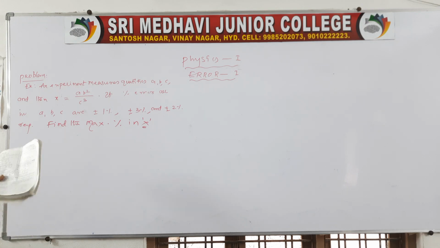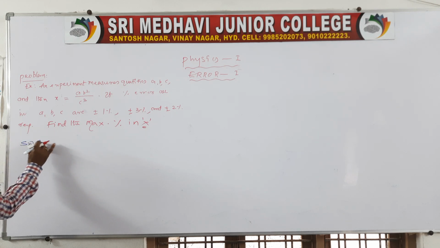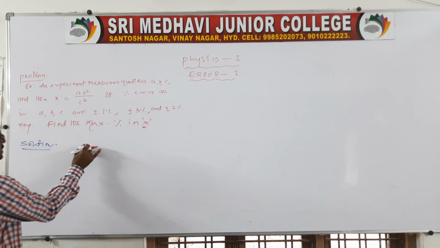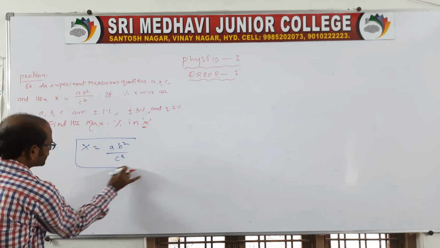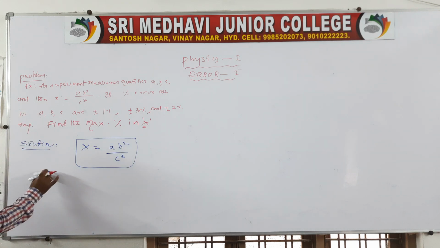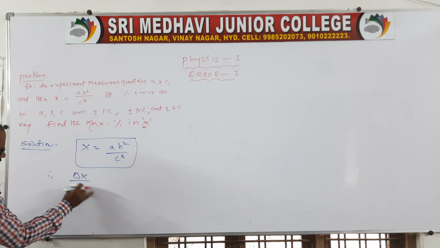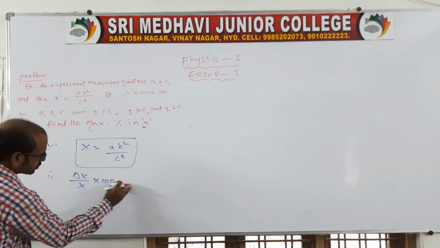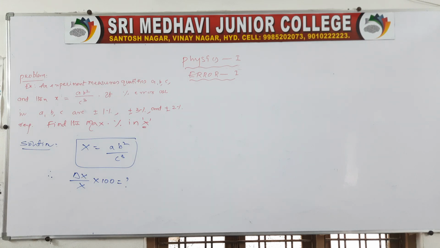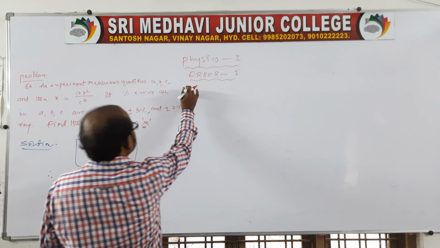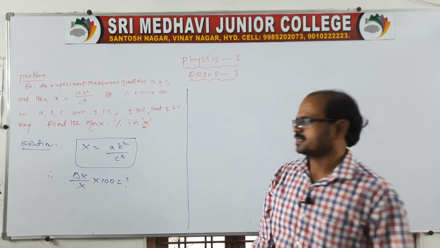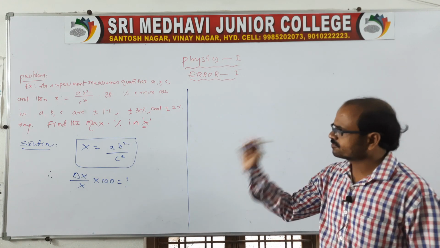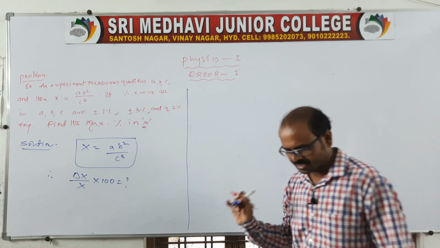See, already in the previous class we discussed this type of problems, so again I am giving the solution for this. X is equal to a b square by c cube. This is the given physical quantity, but it is asking: find delta x by x into 100 is equal to question mark. Every time you remember, here it is very important in physics: in the given problem, first of all we have to write the given data.